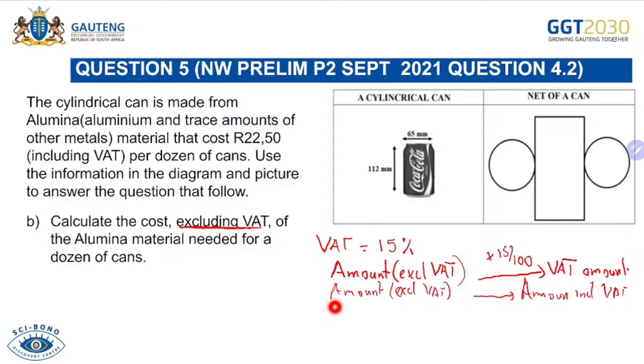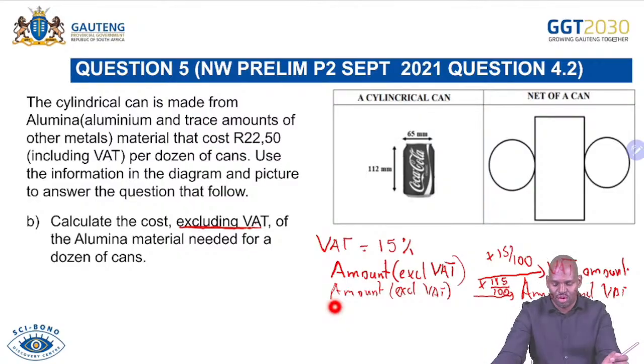There is more than one way of doing it, but the easiest one is to take the amount given and multiply by 115 over 100, or you can say multiply by 115%. The same thing with the previous one, you can just multiply by 15%. But we know that 15% is the same as 15 over 100.